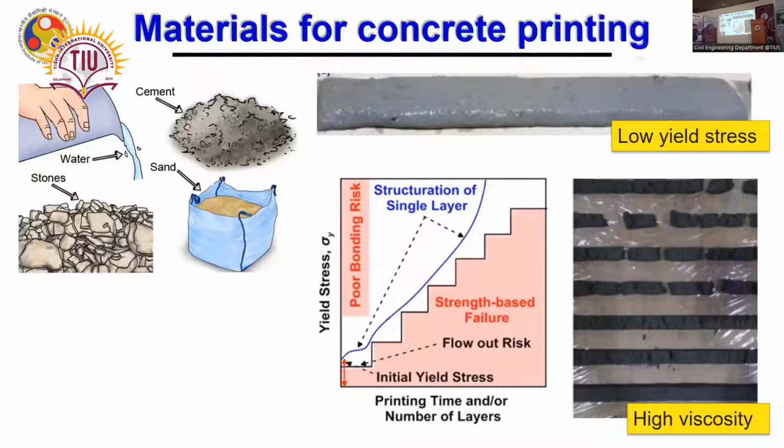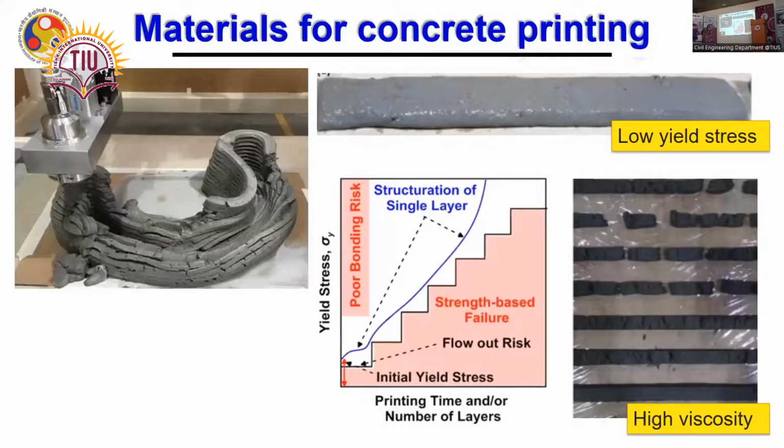Okay, in another way, if you are making a concrete of rapid set and not depositing the second layer in time, because normally when you print layer by layer, you have some time gap between these two layers. If the time gap is very huge, suppose I'm printing one layer and allowing 20 minutes, 30 minutes for another layer to be deposited, and my yield stress is rapidly increasing, then I may end up with poor bonding strength.